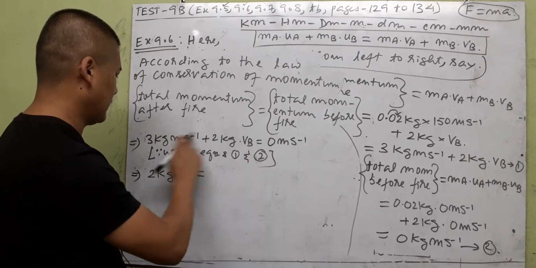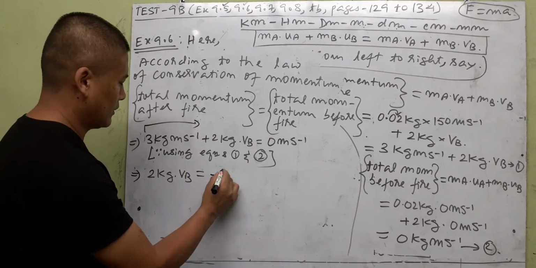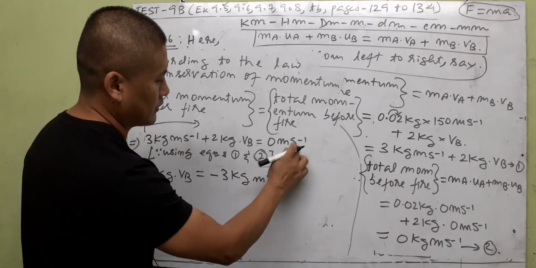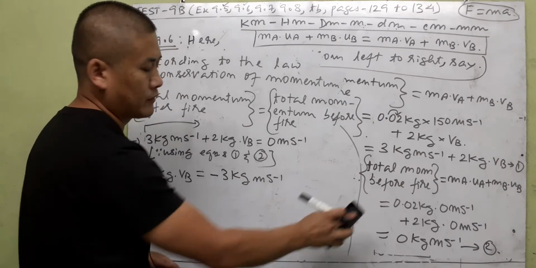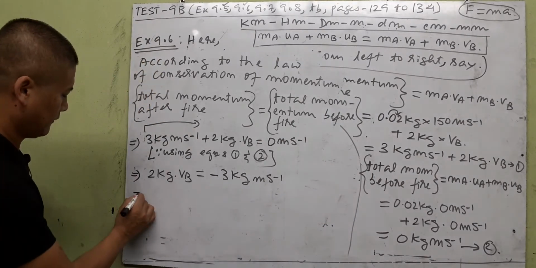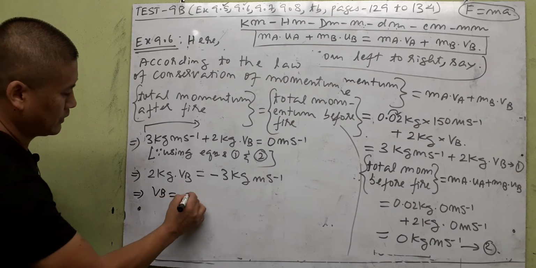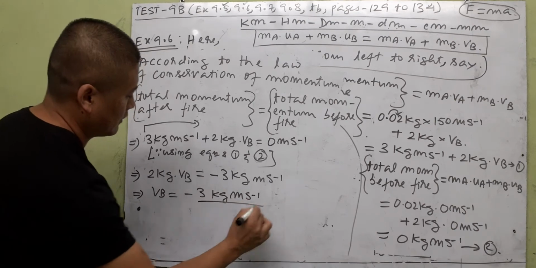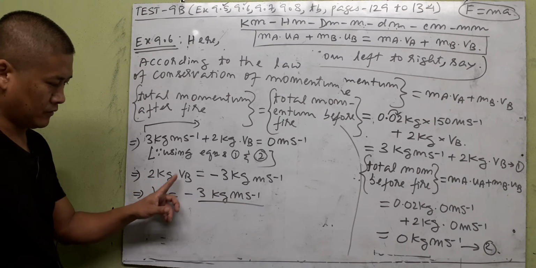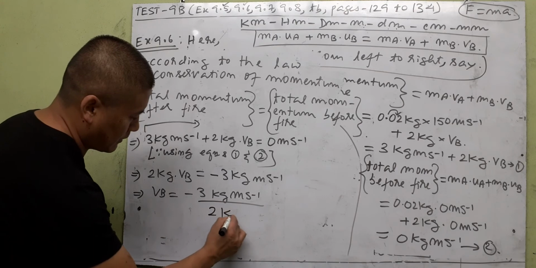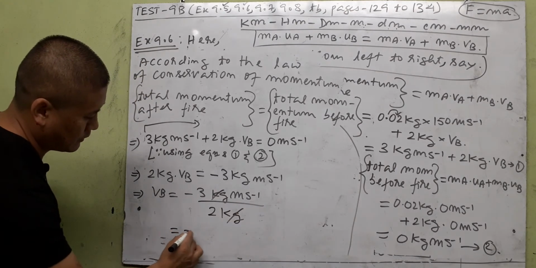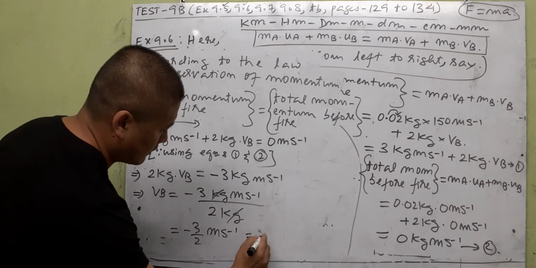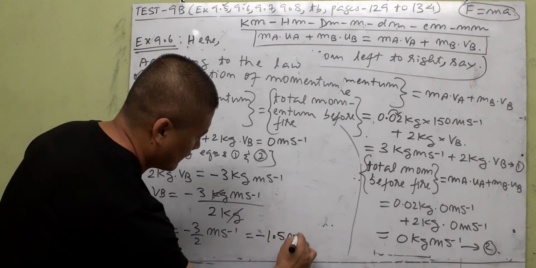So this one can be left out, and this plus, you shift it this side, then become minus 3 kg meter per second plus 0 into meter into 0. So you may as well not write it. So final VB will be minus 3 kg meter per second divided by 2 kg. 2 kg will go the right side, means into means it will come down, and so this kg will cancel. So minus 3 by 2 meter per second, which is minus 1.5 meter per second.